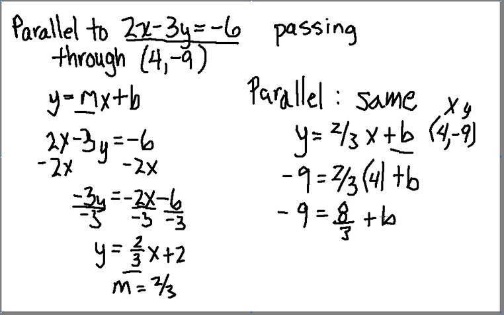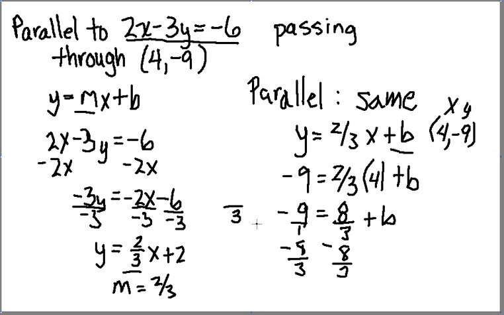And so now I want to solve for b. I can do this by subtracting 8/3 from both sides. And negative 9 minus 8/3. So I've got to get a common denominator. In this case, it'll be 3. So I know that negative 9 is equal to what over 3? Well, this is the same thing as negative 9 over 1.